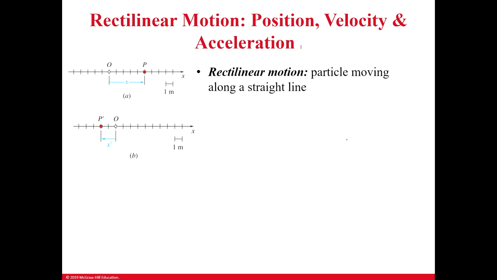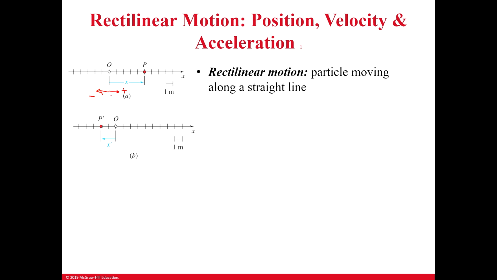All right, so the basic concept about a rectilinear particle moving along a straight line is that you always have the origin and the movement has a direction. So if you move to the right, you move with a positive direction. If you move to the left, you move with a negative direction. So if the center is downtown and you go, say, north, you're moving with positive coordinates. If you move south, you're moving with negative coordinates.